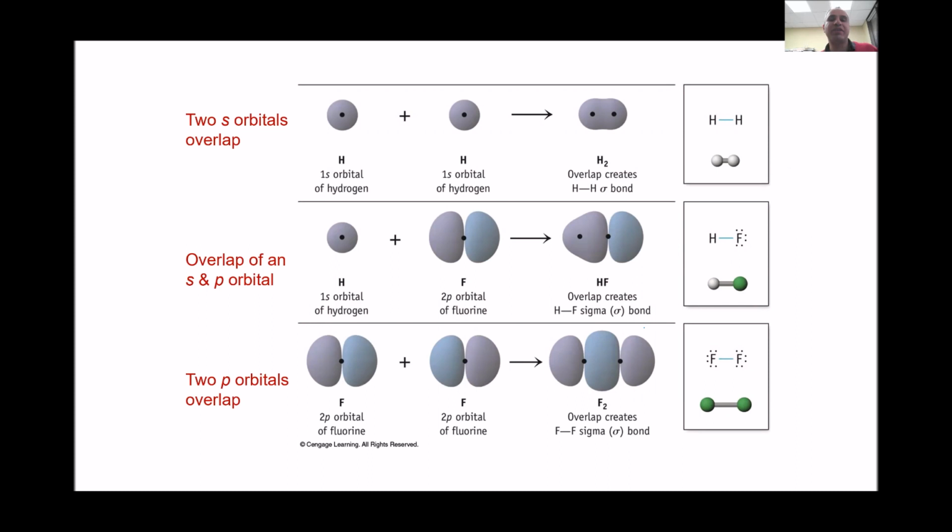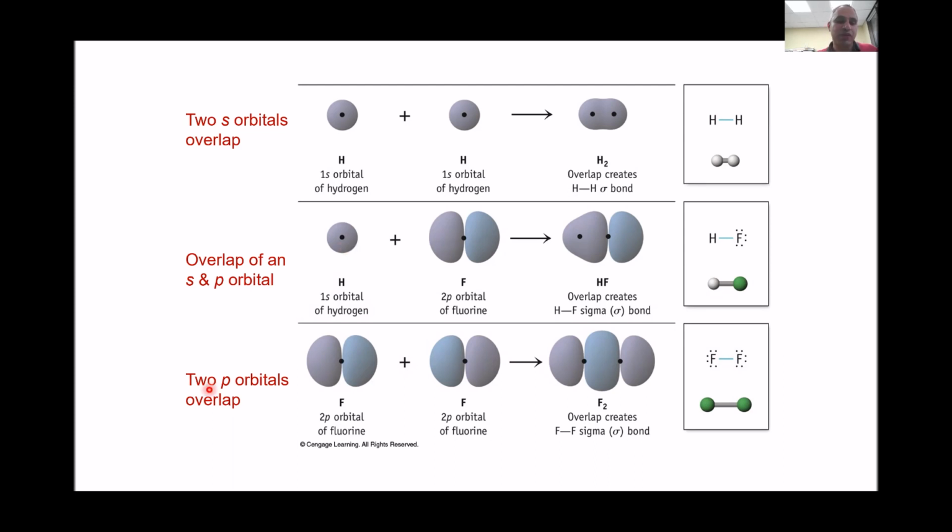If you have s orbitals, you will only have one orientation for the overlap, which is always head-to-head overlap. So it's always going to result in a sigma bond. If you have an s orbital overlapping with a p orbital, it is always a head-to-head type of overlap, forming a sigma bond.